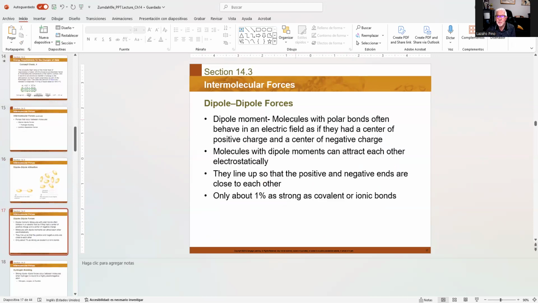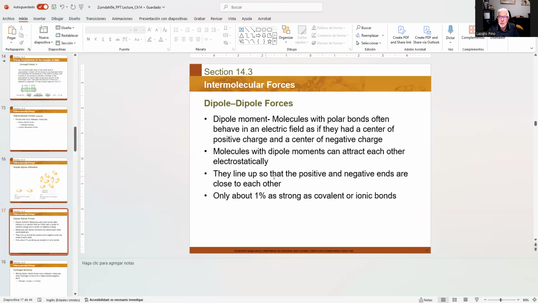The dipole moment: molecules with polar bonds often behave in an electrical field as if they had a center of positive charge and a center of negative charge. Molecules with dipole moments can attract each other electrostatically.